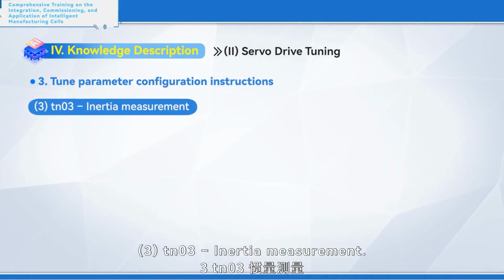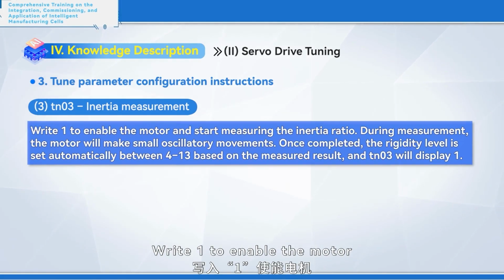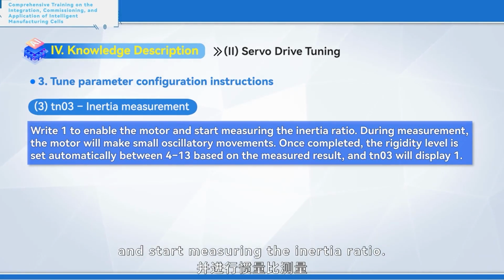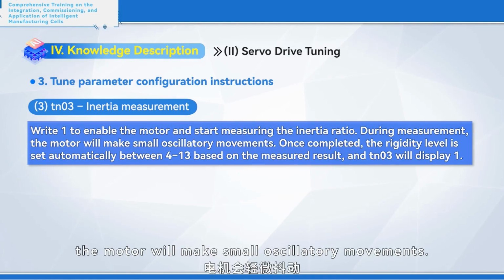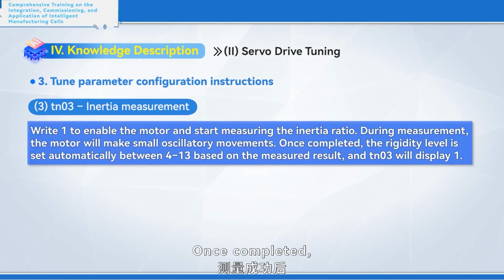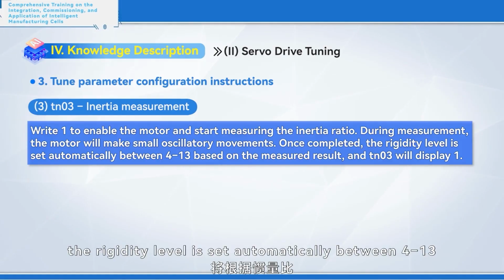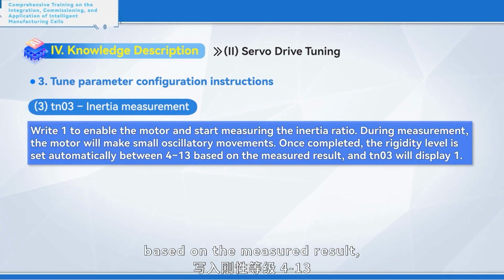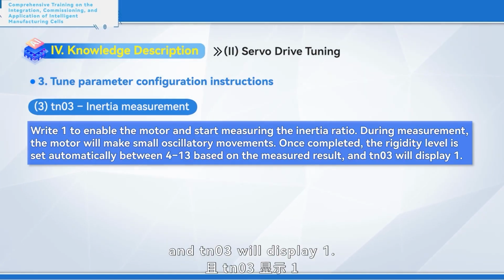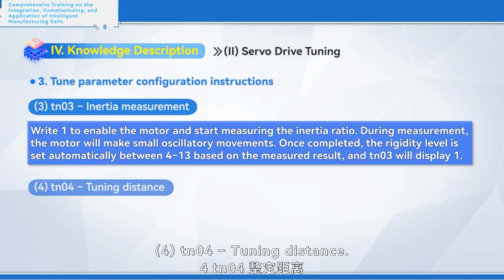3. TN03: Inertia measurement. Write 1 to enable the motor and start measuring the inertia ratio. During measurement, the motor will make small oscillatory movements. Once completed, the rigidity level is set automatically between 4 and 13 based on the measured result, and TN03 will display 1. 4. TN04: Tuning distance.